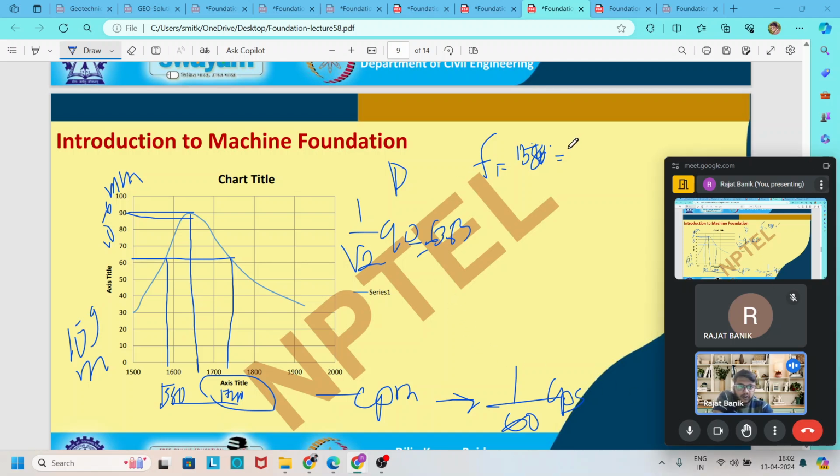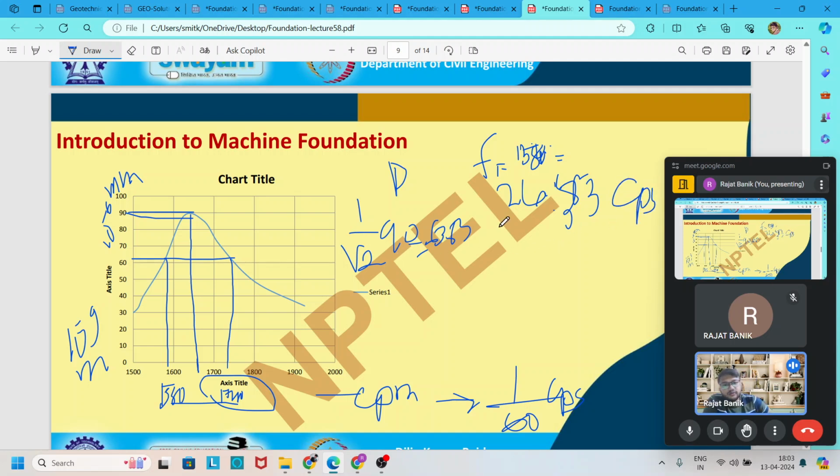First we find F1. F1 in CPS is 1580 divided by 60, which is equal to 26.33 CPS.